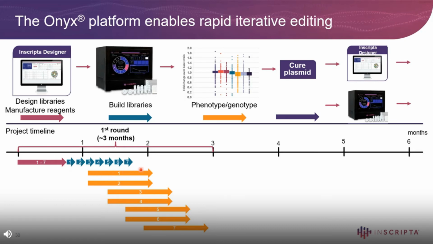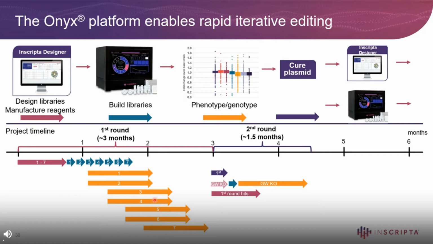And then it's about a month's time to phenotype and then genotype those 7 different libraries that were used in the first round. The library builds had to be done in series because we only had one instrument, but you could do the phenotyping in parallel. Okay, so in total, to identify those 74 unique hits from the first round, it took about 3 months.